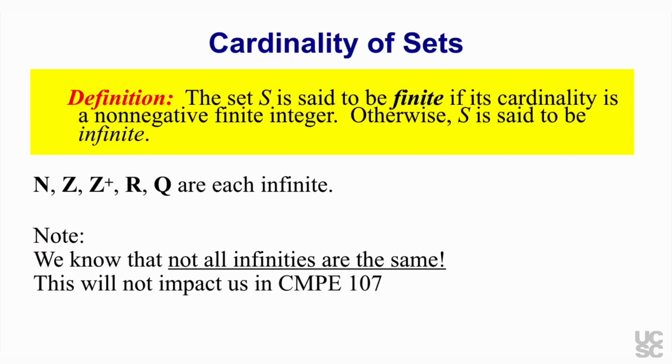The smallest infinite set is the set of natural numbers. And as you recall, the set of real numbers has an infinite number more of numbers than the set of natural numbers. Luckily for us, this won't impact our discussion of cardinality of sets, i.e. the number of events in our sets.